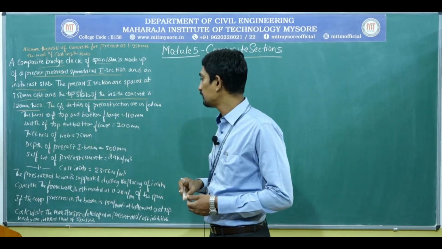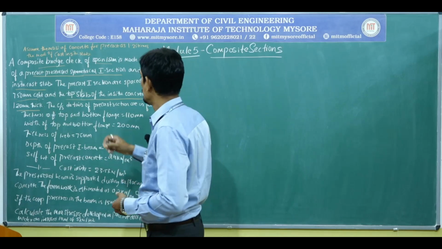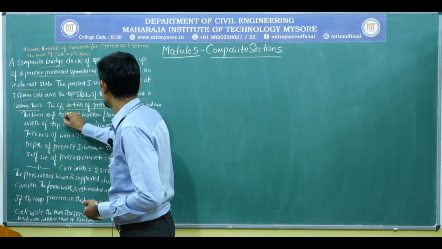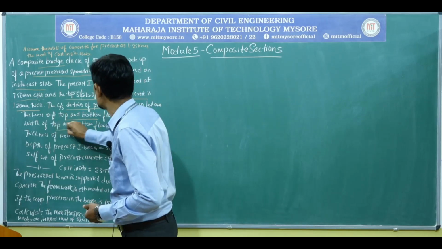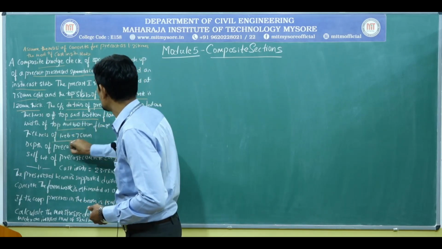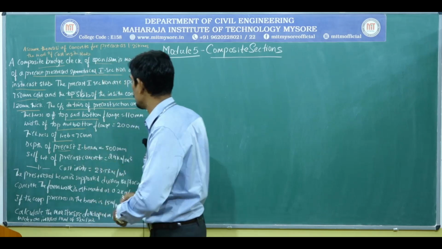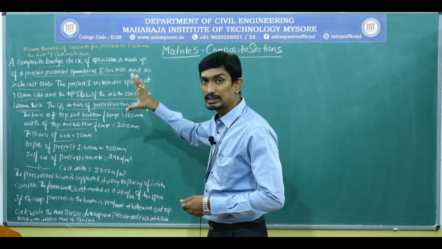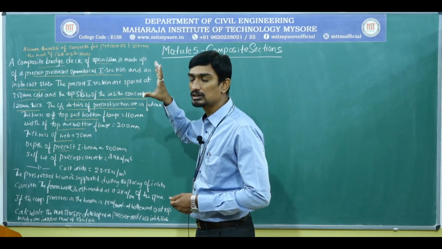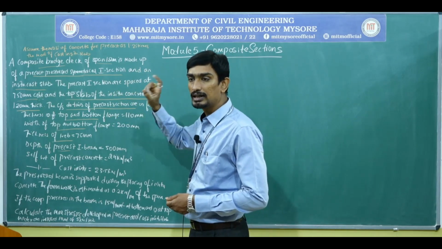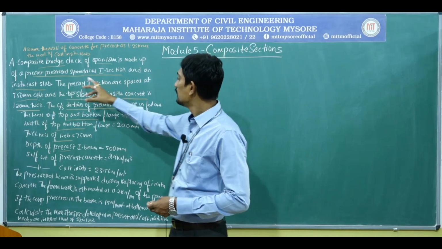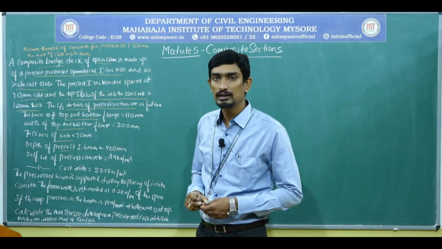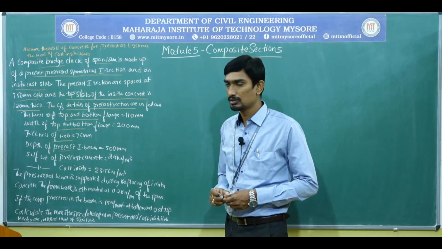Next, they have given the cross-sectional details of the precast section: thickness of the top and bottom flange, width, thickness of the web, depth, everything. So these are the dimensional parameters of the precast pre-stressed symmetrical I section and cast in situ slab.